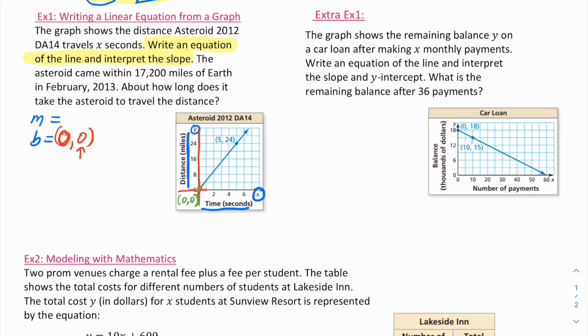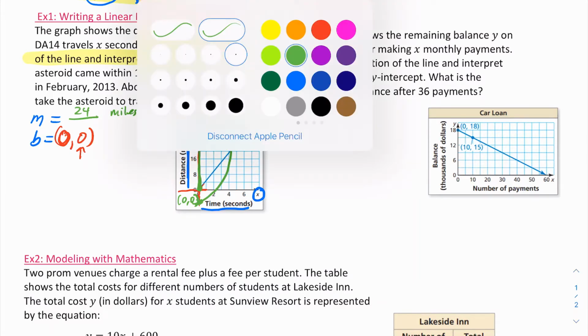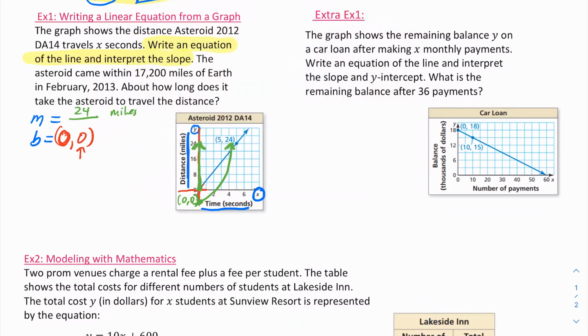The rise is from this y to this y. From 0 to 24, it has gone up 24. That's positive, and we're talking about distance, so this is miles. Now, the x values go from 0 to 5, from here to here.